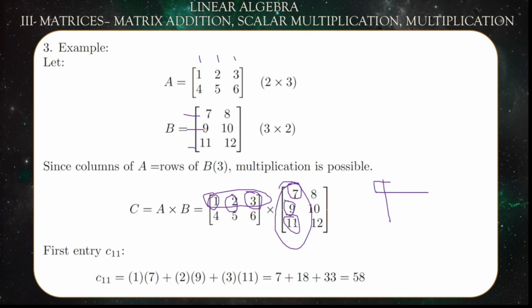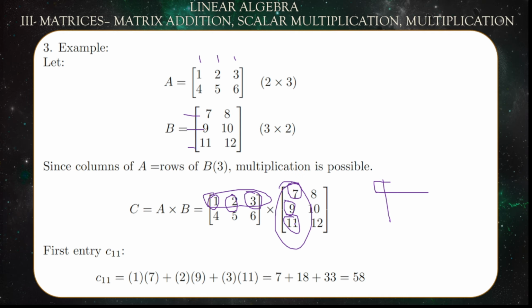So C21 is equal to 4 times 7 plus 5 times 9 plus 6 times 11, which is 28 plus 45 plus 66, equal to 139.